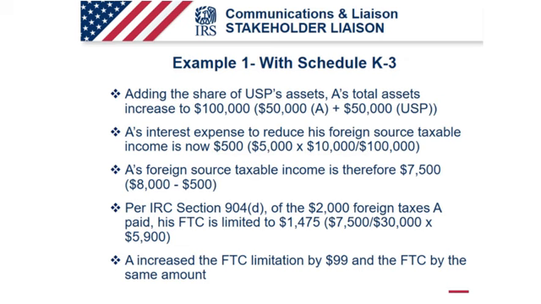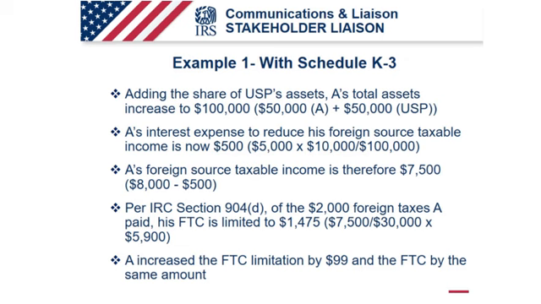Now, when you do your interest expense allocation, if you remember, you multiply total interest expense by a fraction, which is foreign source assets over total assets. And the only thing that's changed now in this calculation is the amount of total assets in that denominator.